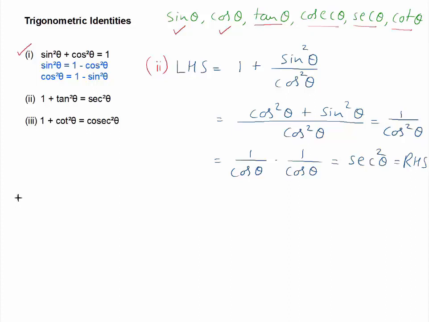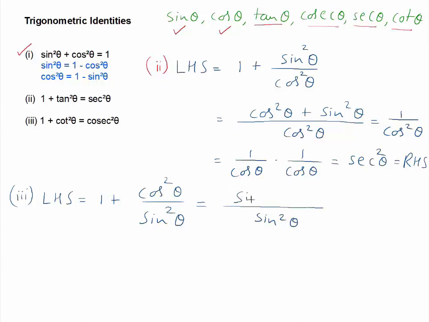Now let's do the third one. So we'll again start with LHS, which is 1 plus cot square theta. Cot theta is cos theta upon sin theta, and since there is a square, this will become cos square theta divided by sin square theta. So again, if we take LCM, this will give us sin square theta plus cos square theta, that equals 1 by sin square theta.